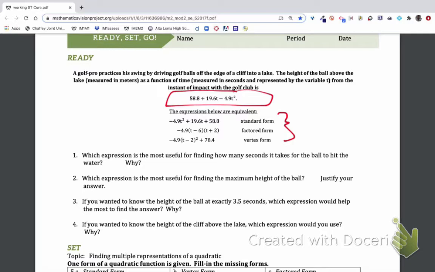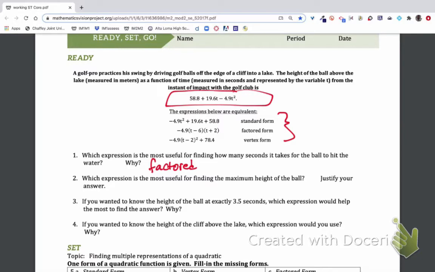So it's driving the ball off the cliff into the lake. If I want to find out when it's going to hit the ground, I'm looking for an x-intercept. So if that's the case, I want to use factored form. The reason why, I'll leave that up to you.